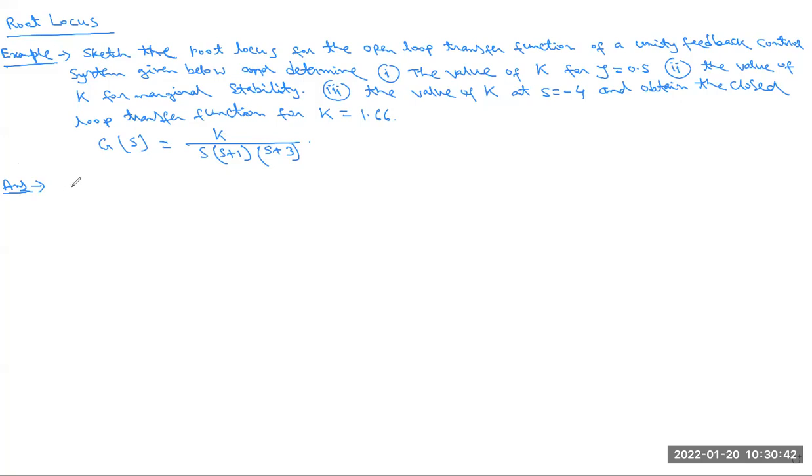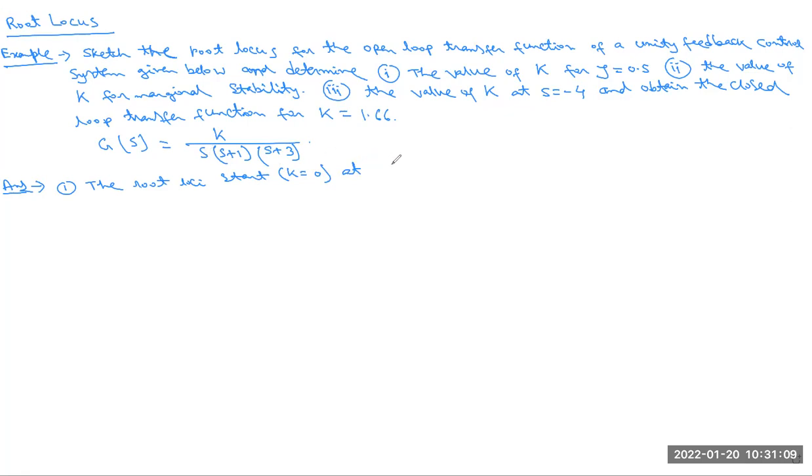Number one, first we have to locate the roots. The root loci start when the value of k is equal to 0, at the poles.